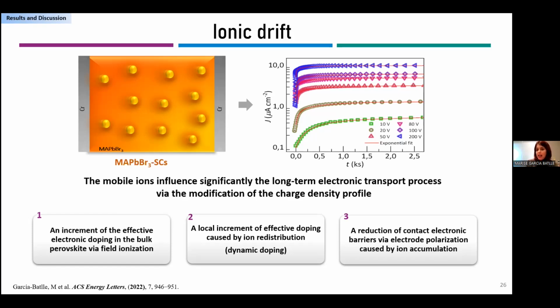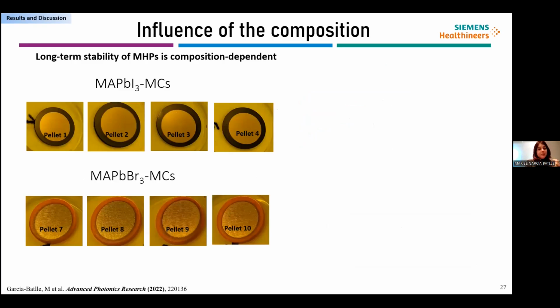Of course, this is just our approach or way to see this process. But I think the main idea is that, again, we are observing that the ions influence our electronic response.